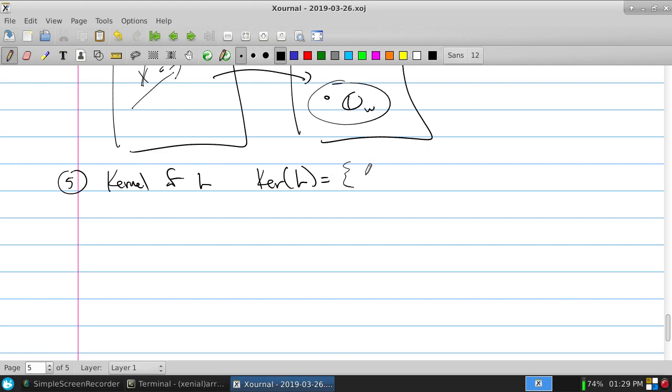I'm just going to collect every vector possible in V such that when I map it, it's going to go to the 0 object of the W space. It's kind of like the null space, but now we're not talking about just normal nth dimensional space. We're allowing things like polynomial space and continuous function space and vector space. What's a 0 object? Got to think about it. What are all the things that are going to do this? And that would be called the kernel.